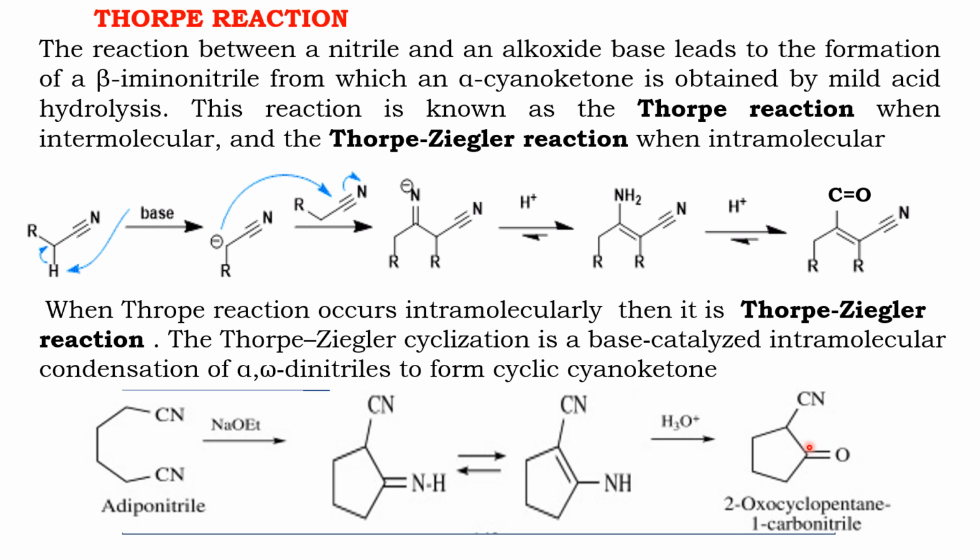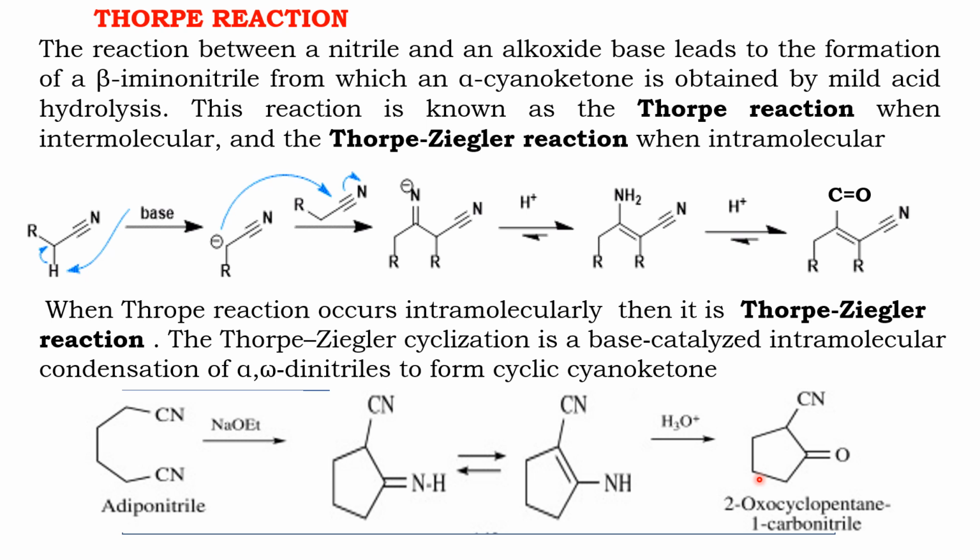So very important, Thorpe-Ziegler reaction is an intramolecular reaction of alpha omega dinitriles to form a cyclic cyanoketone. When it is an intermolecular reaction, the same product will be obtained, but it is not a cyclic compound.